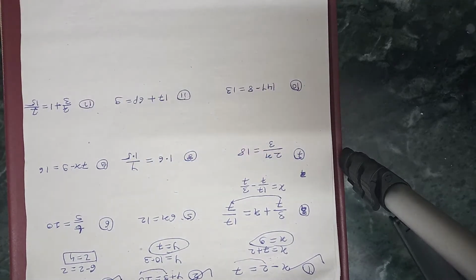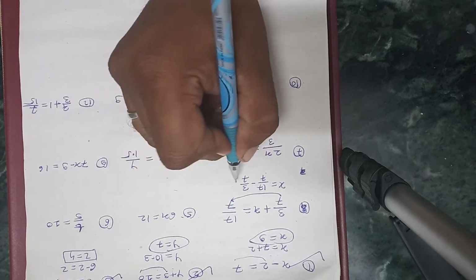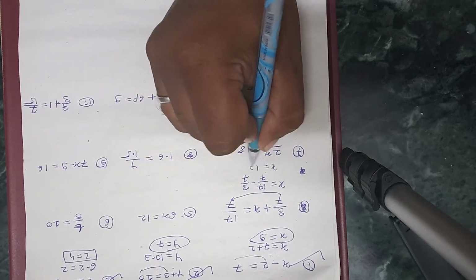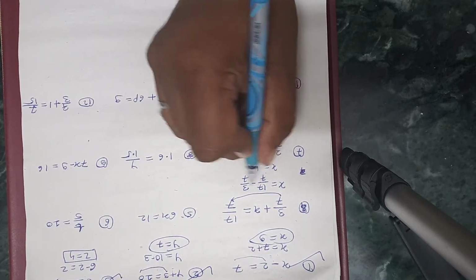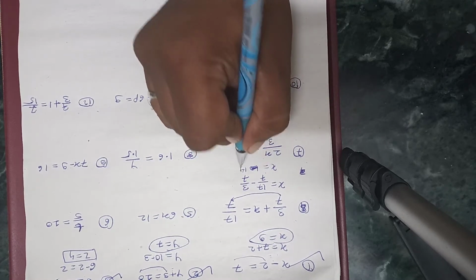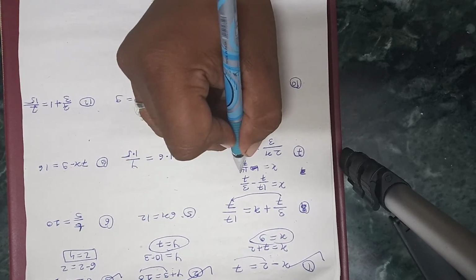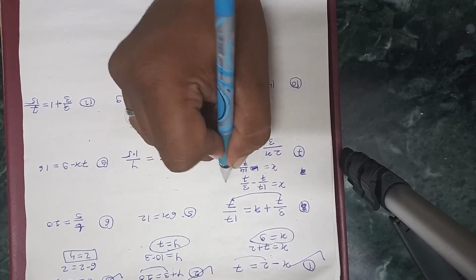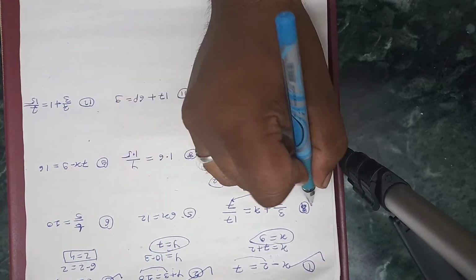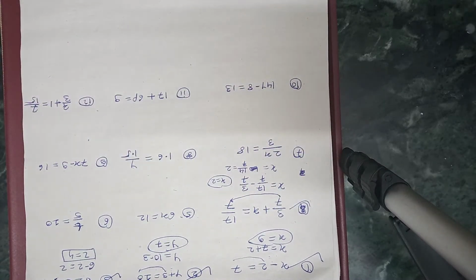The 7 is the same, so we will keep the base common. We will do subtraction of only 17 minus 3, that is 14. So x is equal to 14 by 7, and 14 divided by 7 is equal to 2, that is x is equal to 2. Example number 4 is completed.